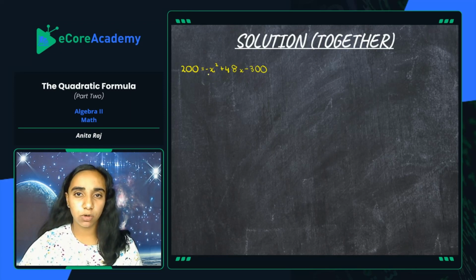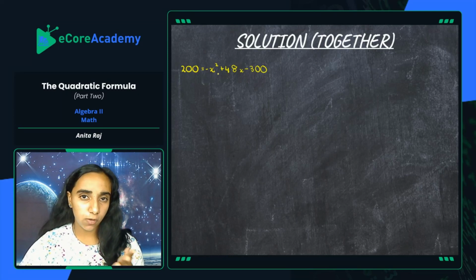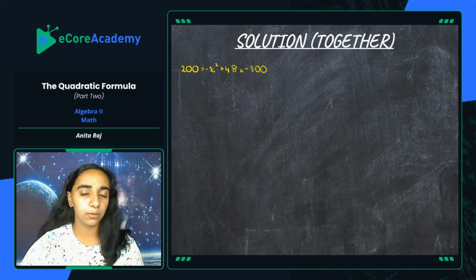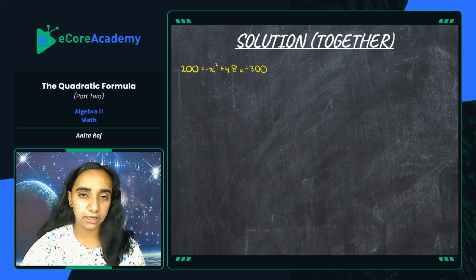Well, before we can start the quadratic formula, we need to make our quadratic equation look something like ax squared plus bx plus c is equal to 0. So we already said that this is in standard form, but it can't be equal to 200. It has to be equal to 0 so that we can plug this into the quadratic formula. In order to do that, it's very simple.